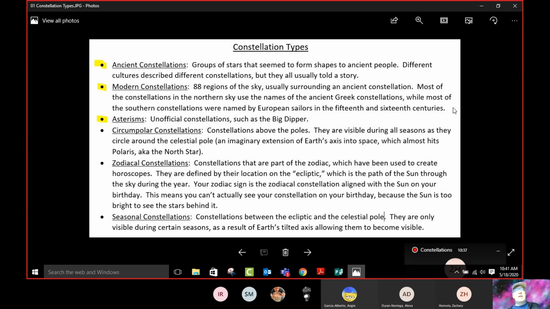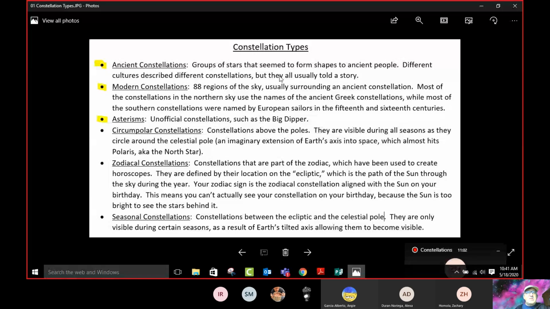And some of these are named not so much after mythology like the northern stars are, but more, they're often named after inventions of the time. Like there's one that is the air pump. Somebody first figured out how to make a compressed air pump, and they named a constellation after that in the southern sky.